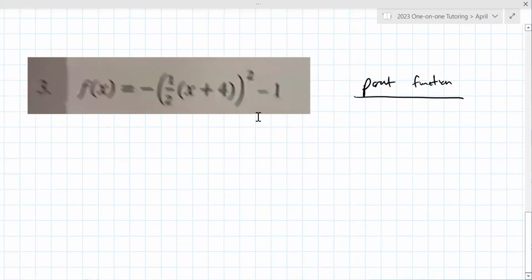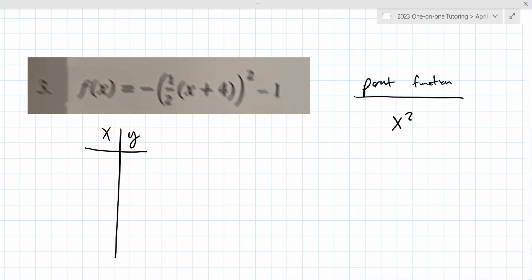Is this similar? It's x squared. Yeah. Okay, good. What were the 3 points that we plot for x squared? What did we plot in the previous one for the parent function?